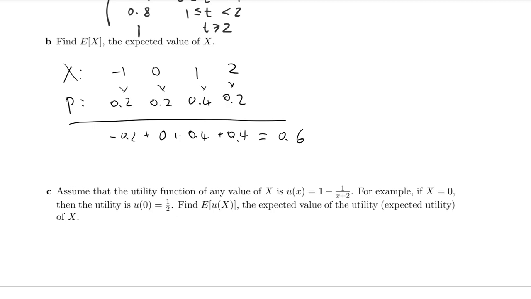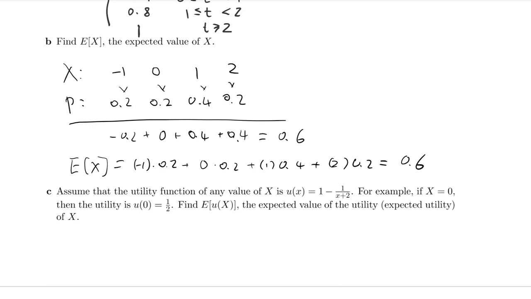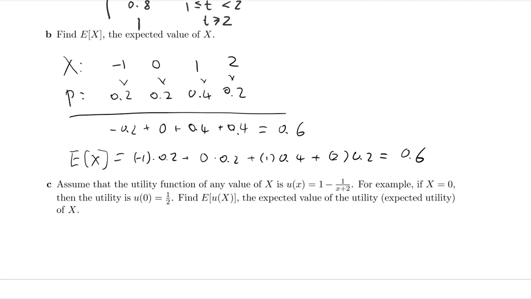Or sometimes we can write down a formula like this: E of x is equal to -1 multiplied by its probability, plus 0 multiplied by its probability, plus 1 multiplied by its probability, plus 2 multiplied by its probability, and we still have 0.6. So that's the expected value of random variable x.